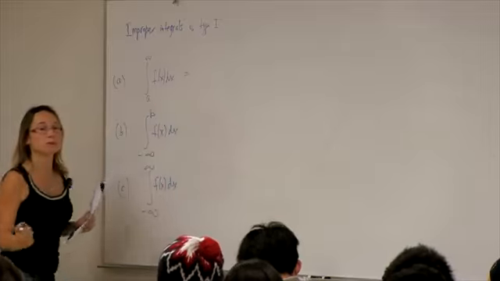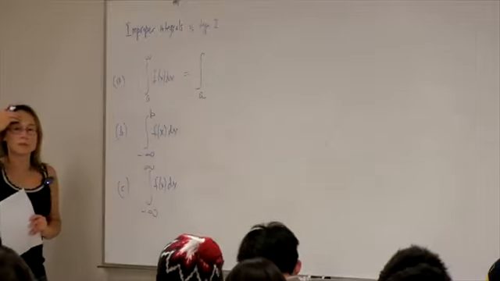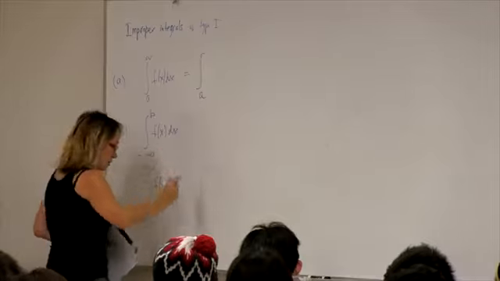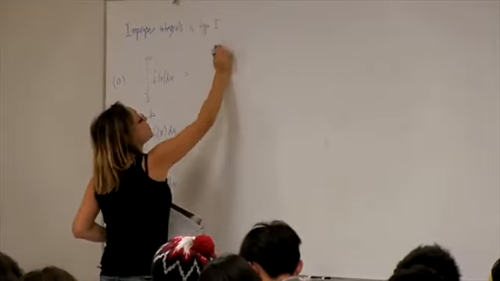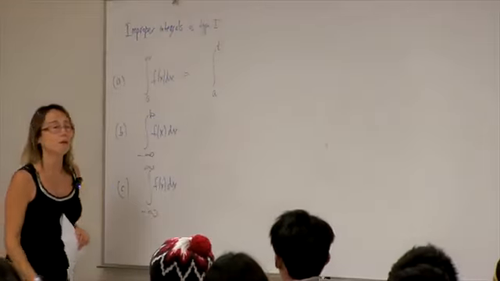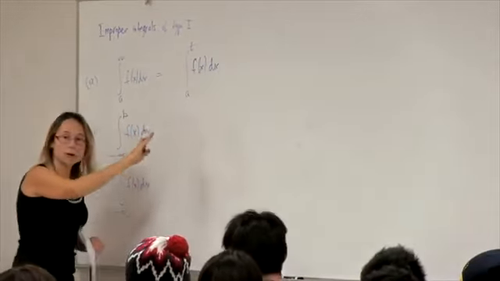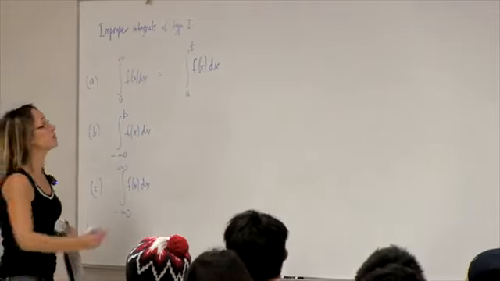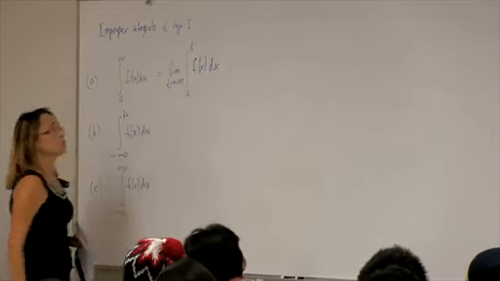And they are defined in the following way. So this one, the lower limit is a constant. The upper limit we call t. Okay. And we calculate this as a regular, proper, definite integral. And then we take the limit of t going to infinity.